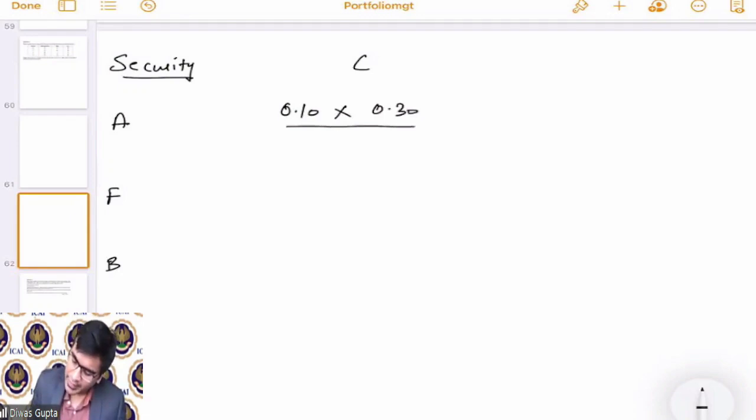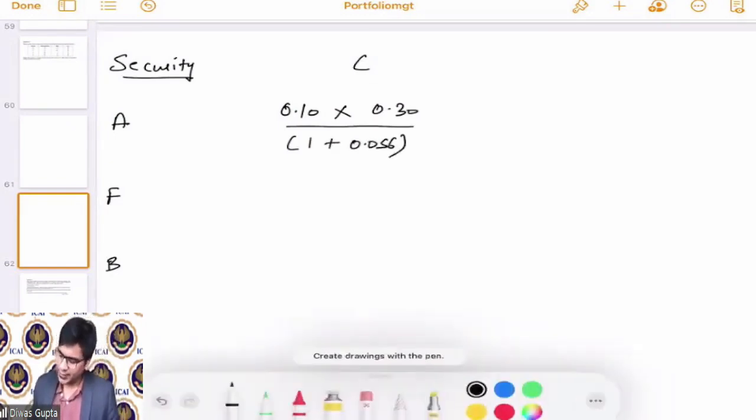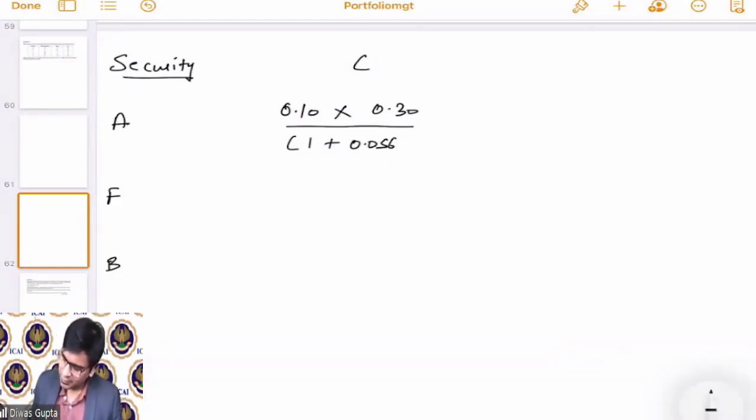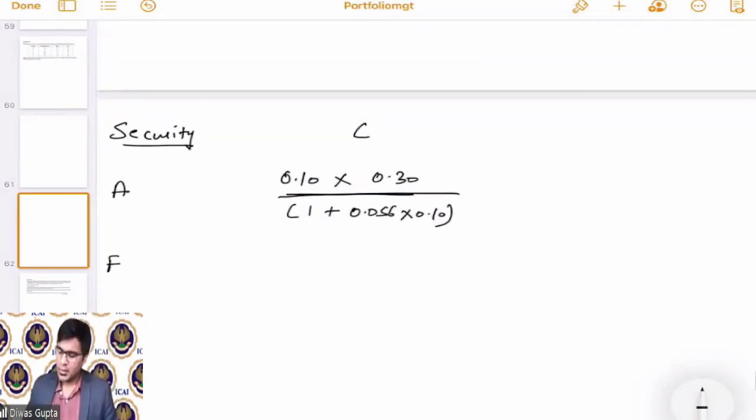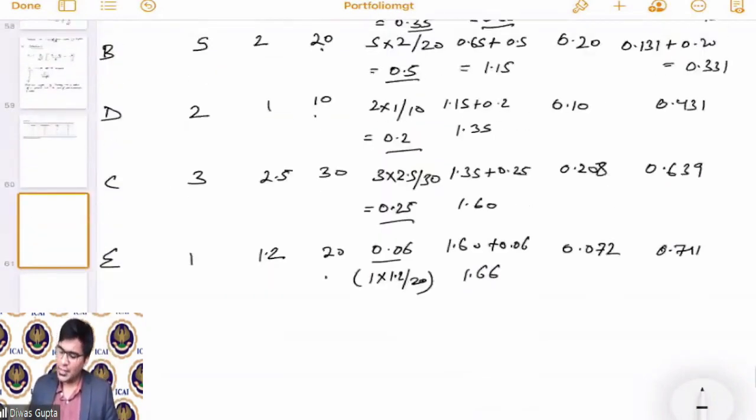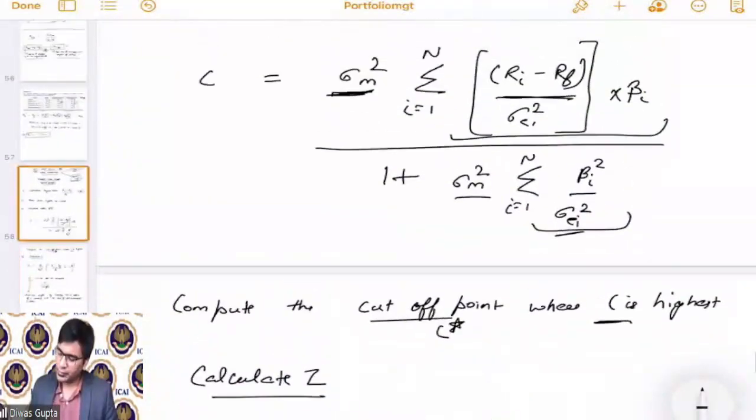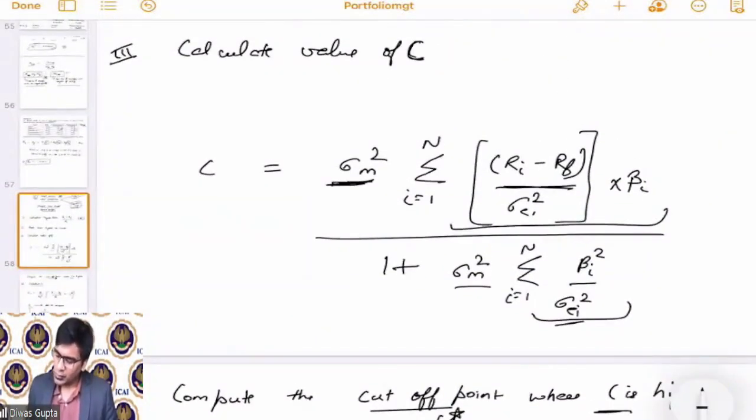This whole divided by 1 plus 0.056 into 10, sorry, into 0.10. Okay students, this is what the value of C is as per the above formula: 1 plus standard deviation of market square multiplying it with the second term.